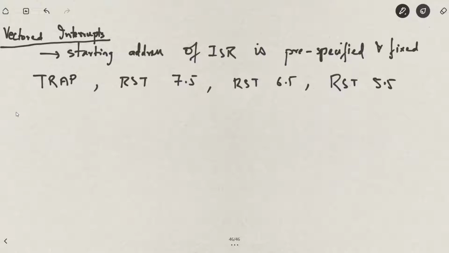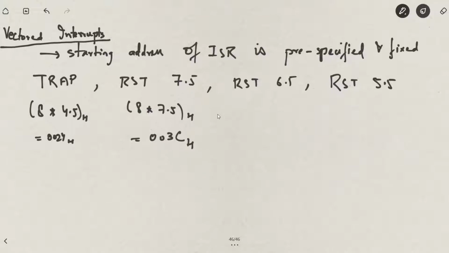So the address of the interrupt service routine for trap is 8 times 4.5 in hexadecimal, which comes out to be 0024H. Then for RST 7.5 it is 8 times 7.5, which comes out to be 003CH, 8 referring to the 8 bits of the 8-bit microprocessor. Then 8 times 6.5.